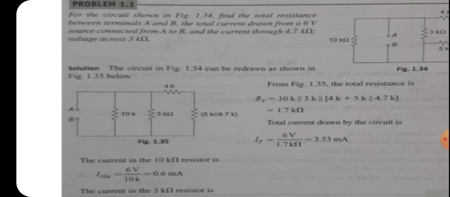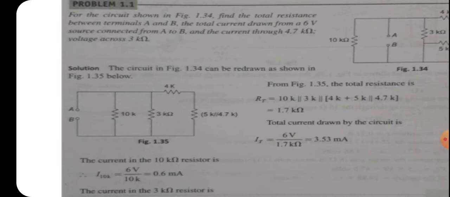So the total resistance can be found by the equation: 10 kilo ohm in parallel with 3 kilo ohm, which is in parallel with the bracket 4 kilo ohm plus 5 kilo ohm parallel to 4.7 kilo ohm.